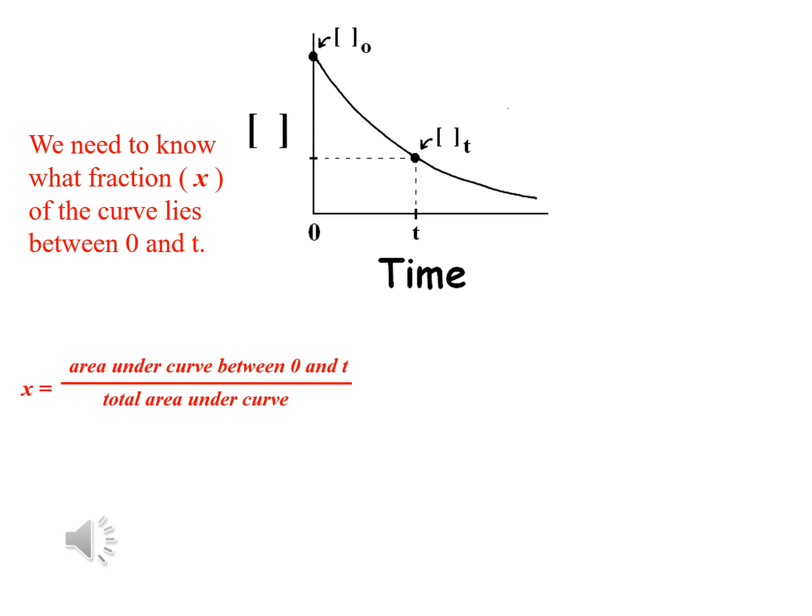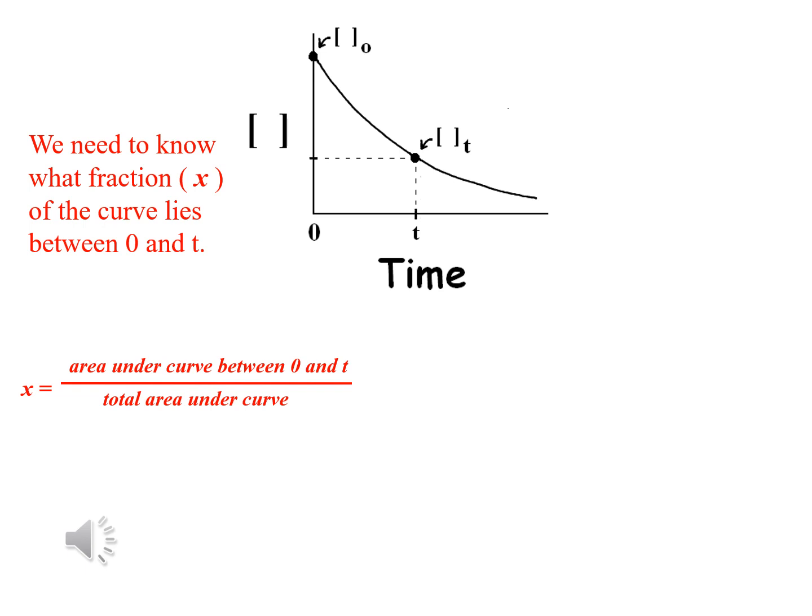This is the way a chemist would label a time course. The top point is called the concentration at time 0. And if you let the reaction go for a certain amount of time t, the amount that's left will be the concentration at time t. We want to get an equation that allows you to calculate the concentration at time t after a certain amount of time.